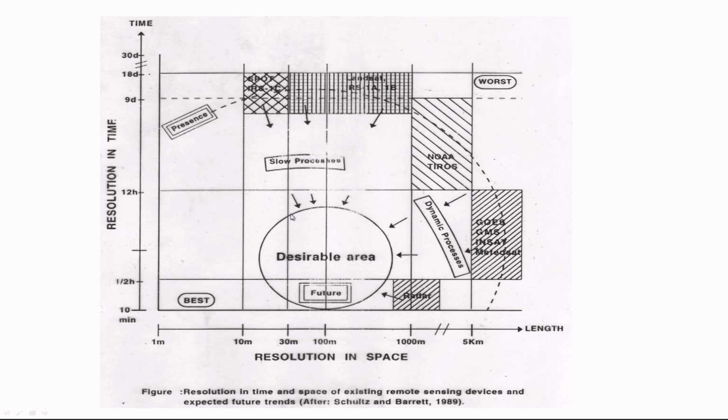This is resolution in time, and this is the desirable area, where in 1989 it was assumed all these data would come. For example, radar data resolution at that time was around 1000 meters, that means 1 kilometer. Similarly, the NOAA series of satellite data presently has about 1.1 kilometer resolution.